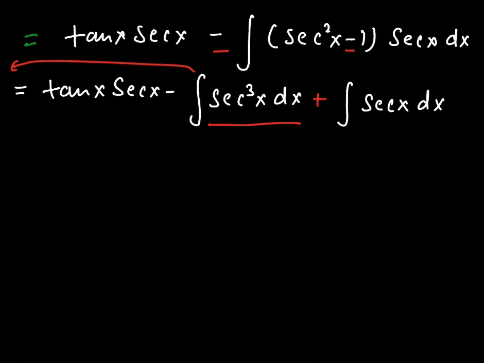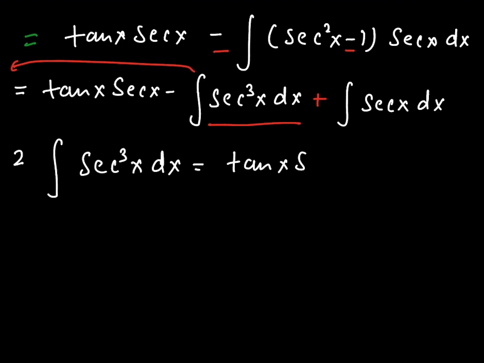So adding it on the LHS, we would have 2 times the integral of secant cube x dx. So that's going to be tangent of x times secant x plus the integral of secant x dx.